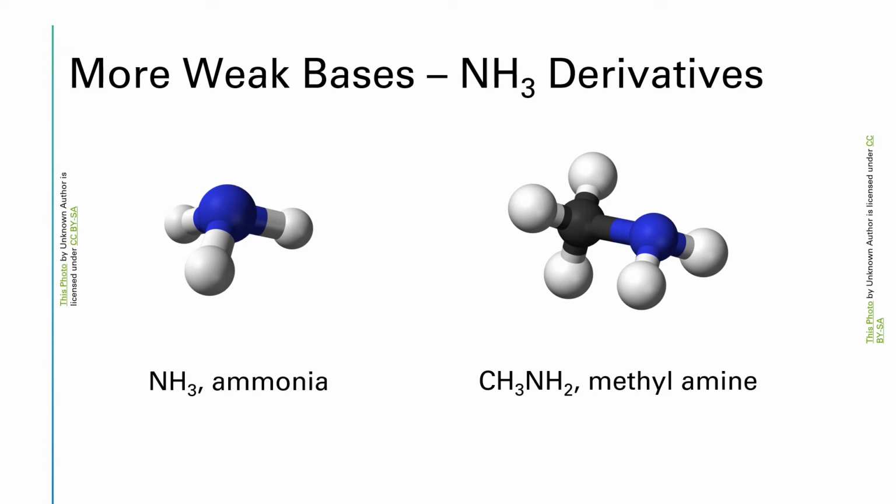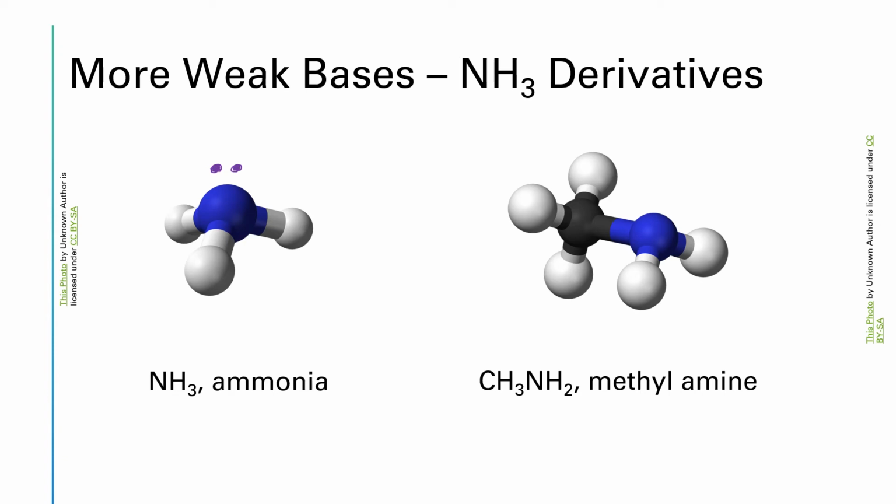To expand our knowledge of weak bases, let's take a look at our prototype, ammonia. Ammonia is a central nitrogen atom with 3 hydrogens, and it has this trigonal pyramidal VSEPR shape because there's also a lone pair of electrons right here on that nitrogen.